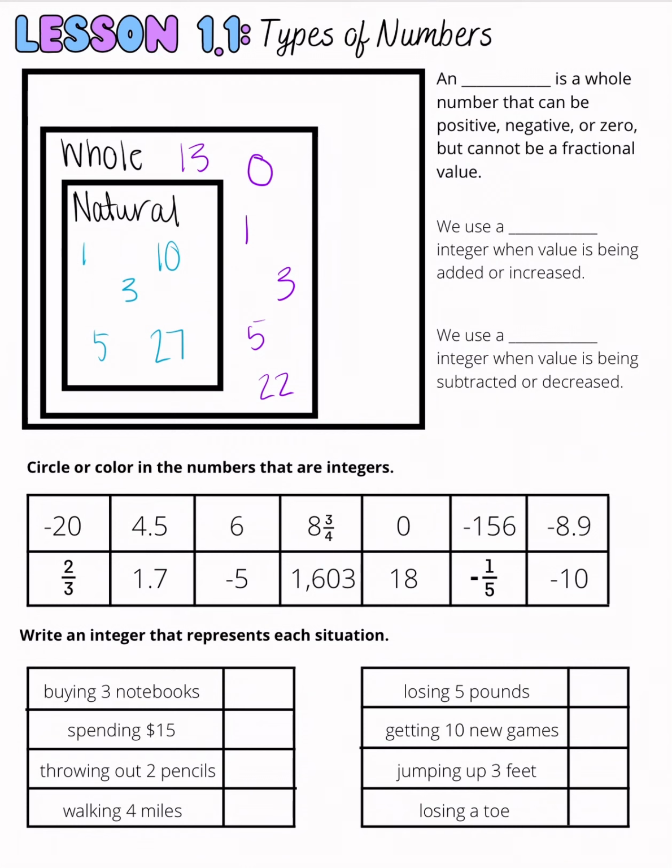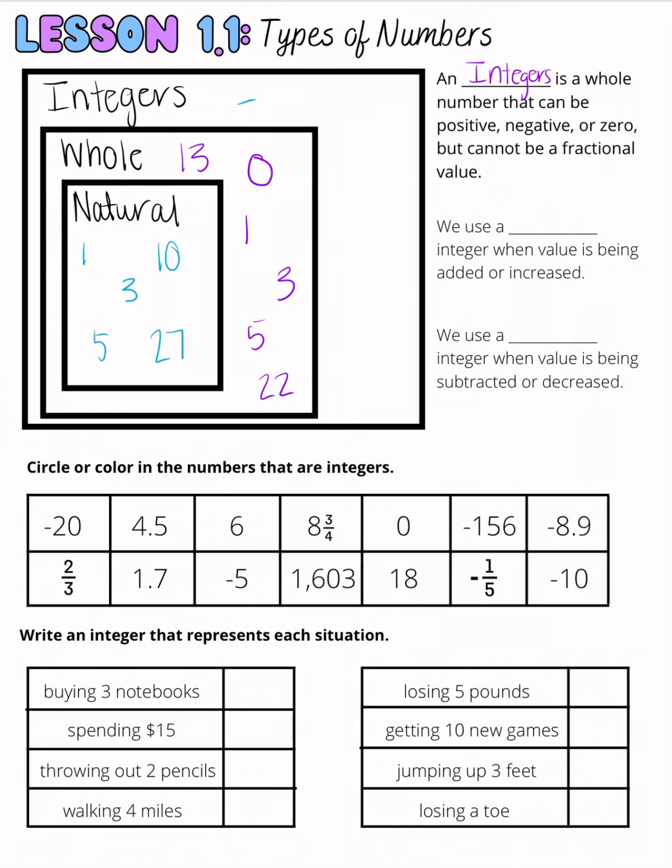And so integers is a whole number that can be positive, negative, or 0, but cannot be a fractional value. So in this blank over here, you're going to write integers. Integers is just adding in negative numbers, okay?